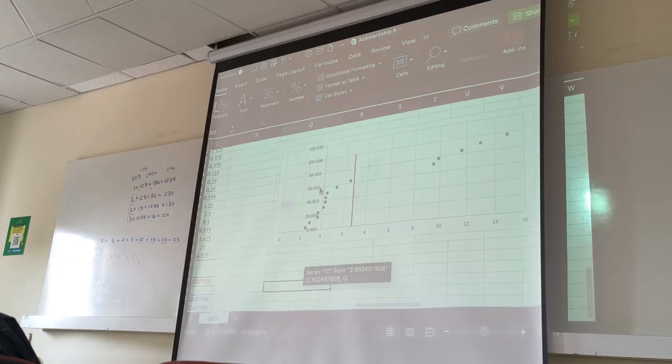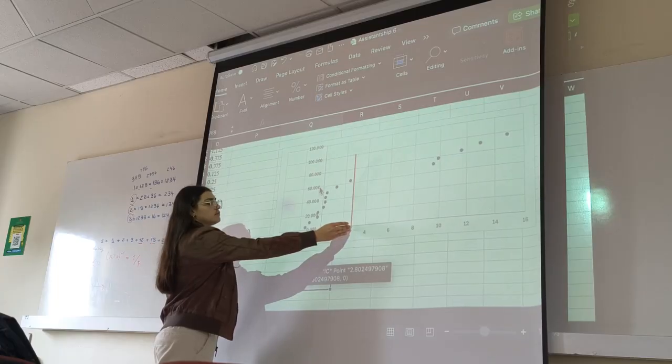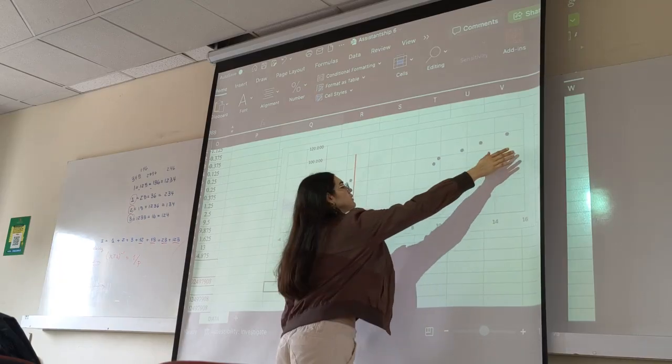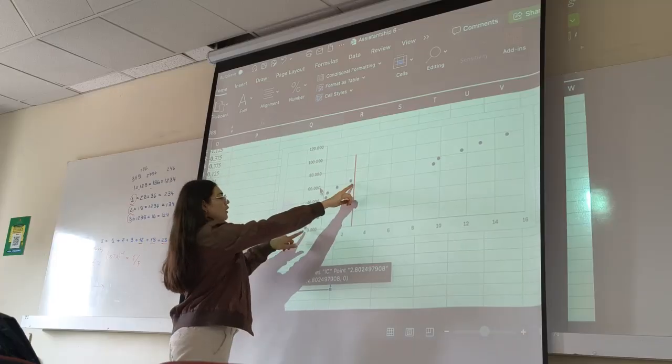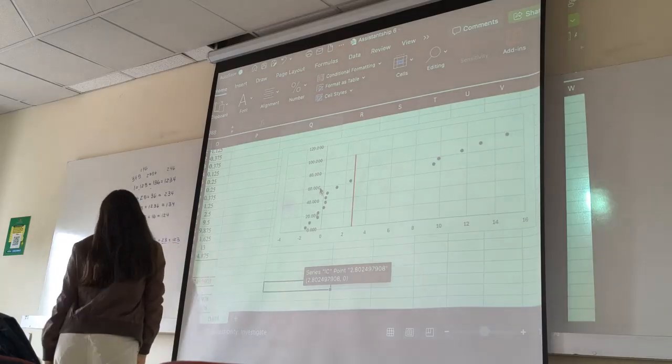So the values that are above this confidence interval will be significant. So these 5 values will be significant, and all of these ones will be not significant. So we are not going to use them.